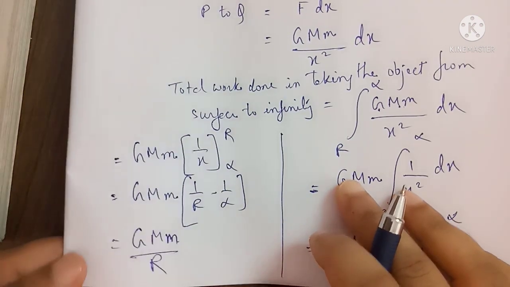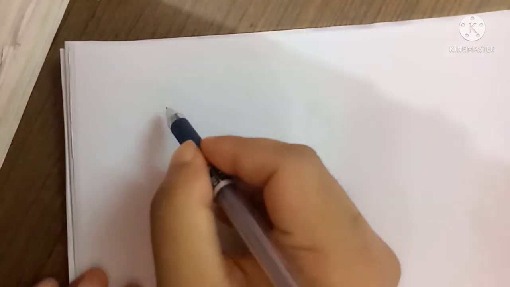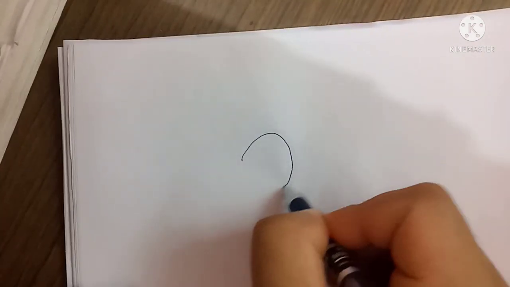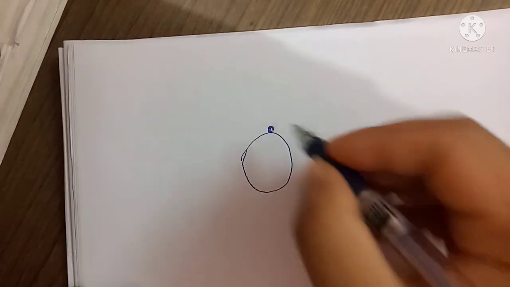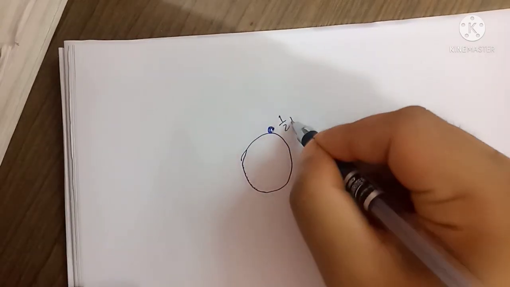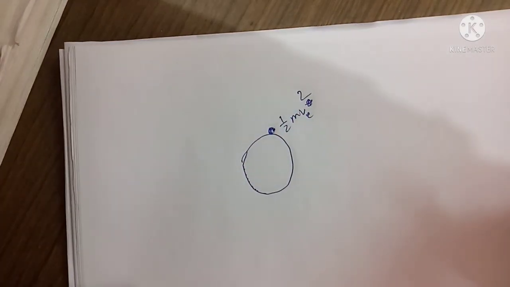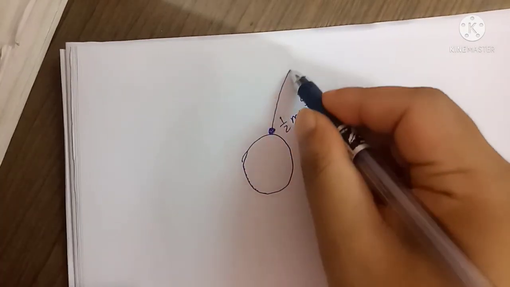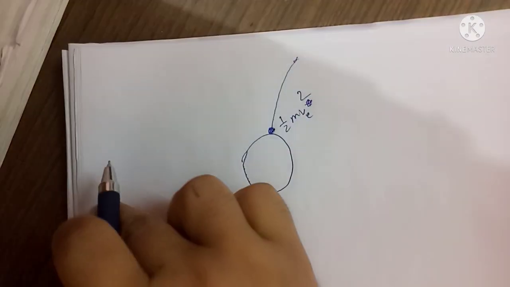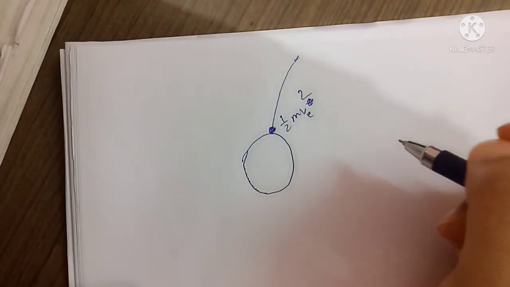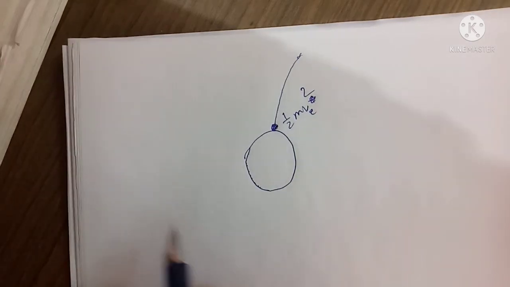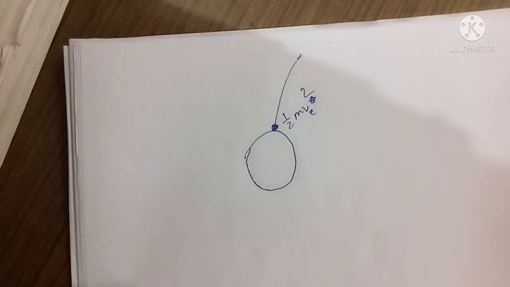So if we consider the escape velocity to be Ve, and we are providing that velocity to the object at the surface of earth, suppose we are providing half m Ve square. So that kinetic energy will take it to infinity. That means it will do this amount of work that we just derived, GMm by r. So we have to equate half m Ve square with GMm by r.